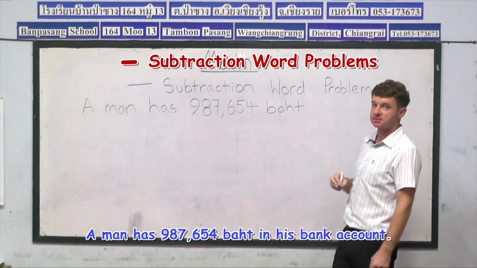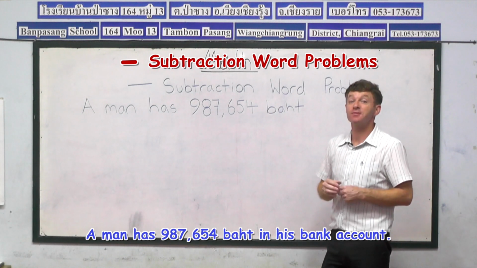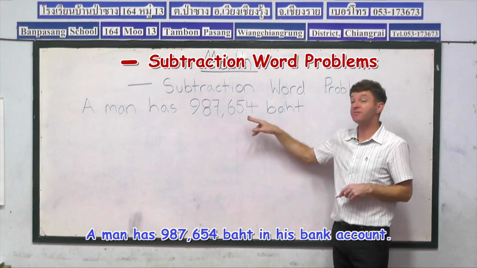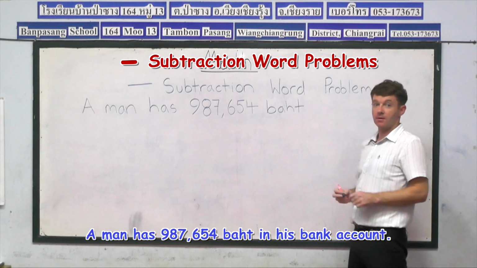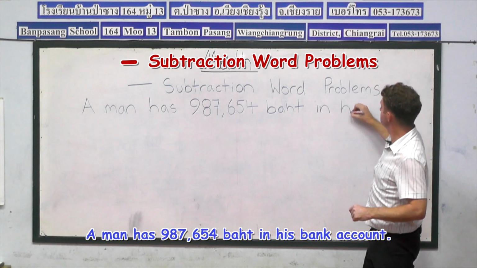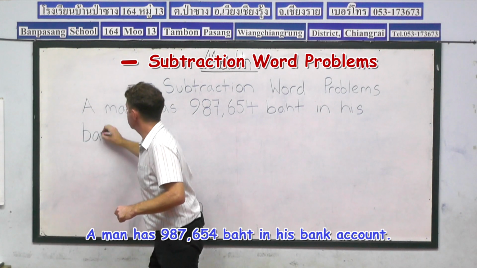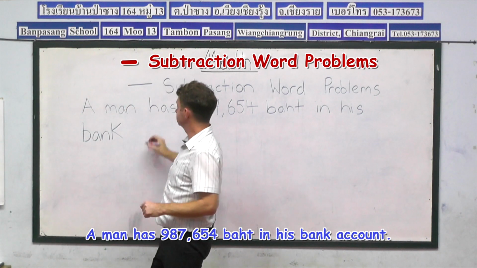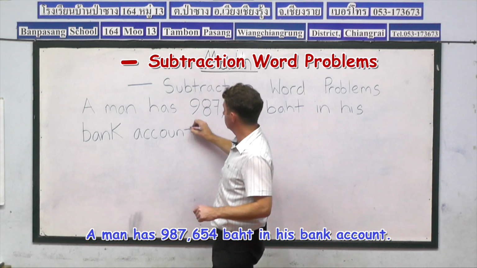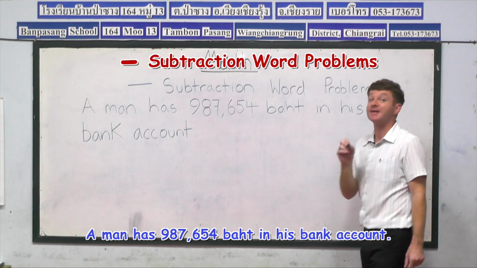A man has 987,654 baht in his bank account. B-A-N-K. Account, A-C-C-O-U-N-T. Okay, so the man has that amount of money in his bank account.